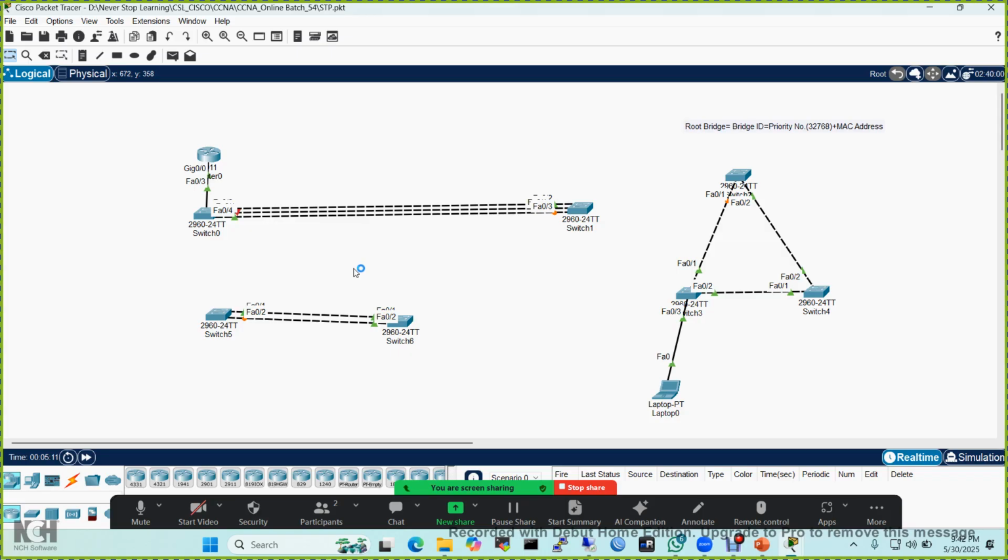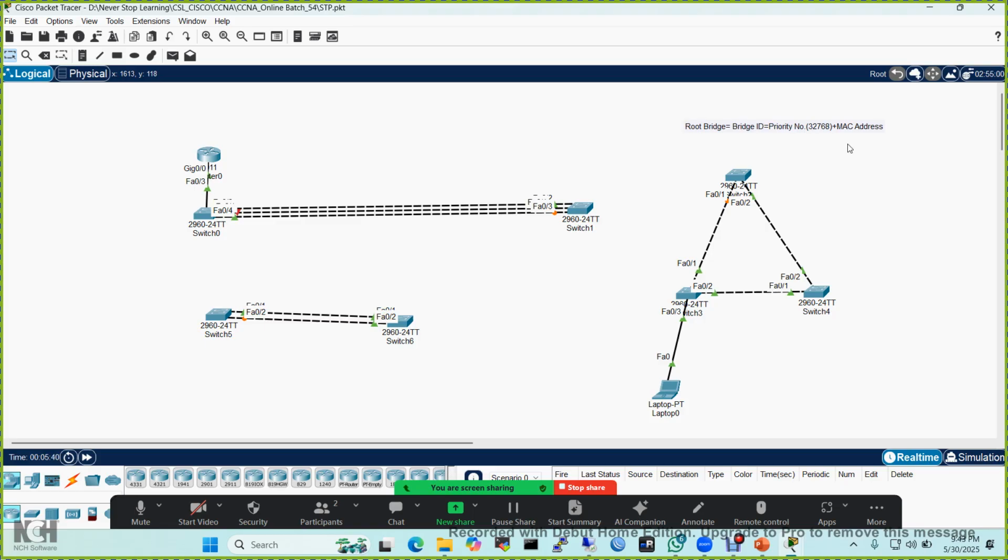From these two switches, I will check which switch has the lowest bridge ID. And what is bridge ID? Bridge ID equals priority number plus MAC address. Your answer was correct, but the main definition is that the root bridge is the lowest bridge ID, and bridge ID equals priority number plus MAC address.